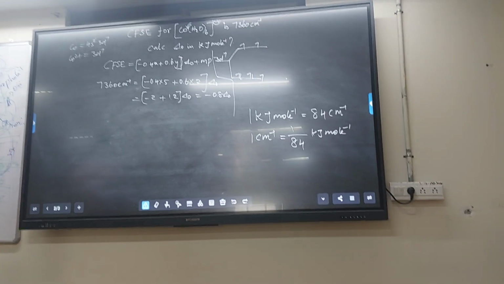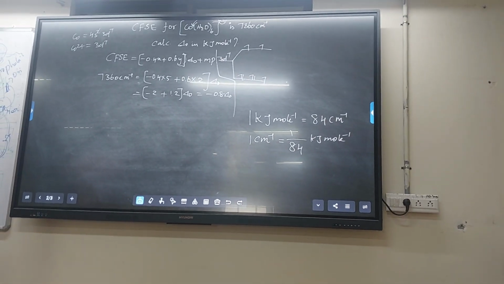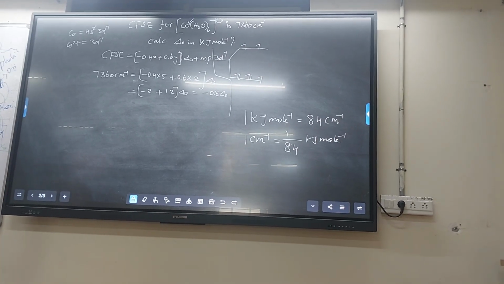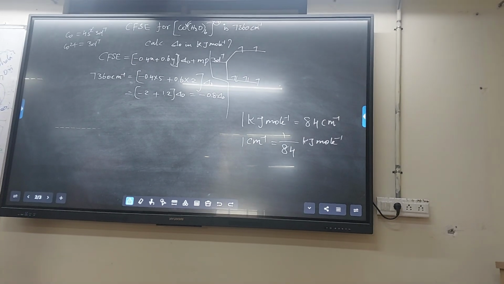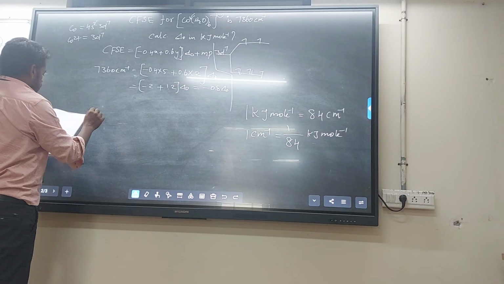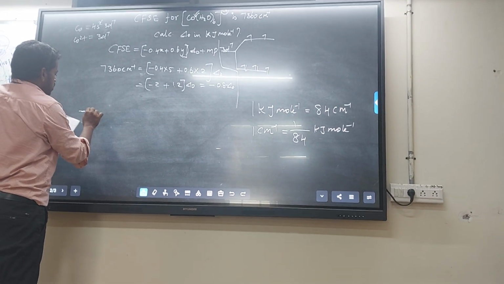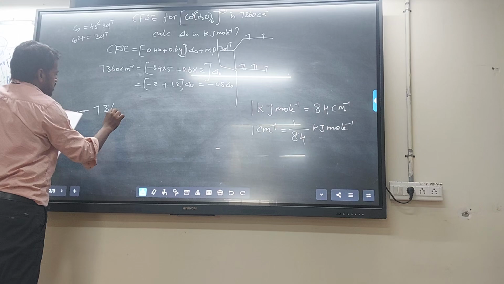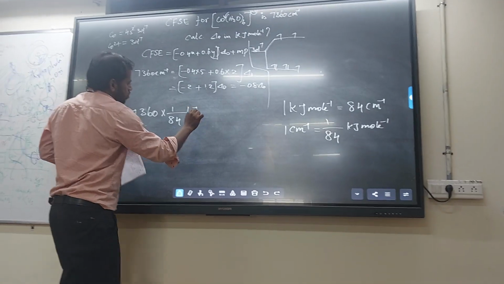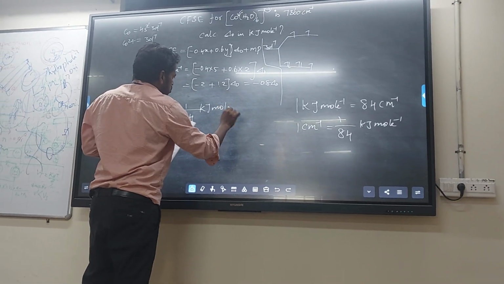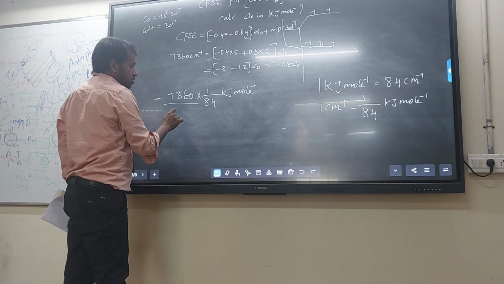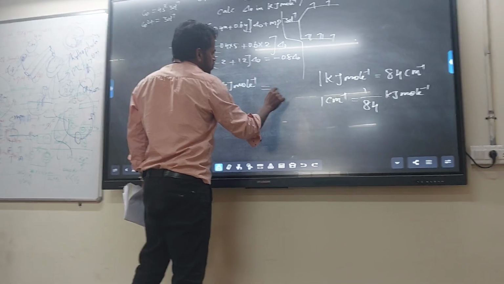If the scale is there, 0 to 15 centimeter inverse, 0 to minus 15 centimeter inverse, that is a direction case, left-hand side or right-hand side. So minus 7,360 into 1 by 84 kilojoule per mole. This 0.8 division comes in the denominator: 0.8 equals delta naught.